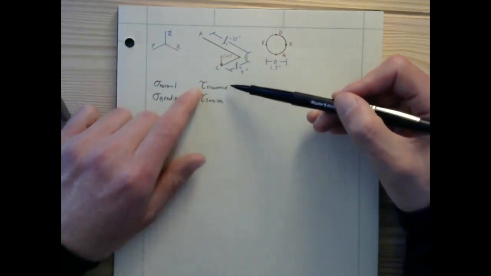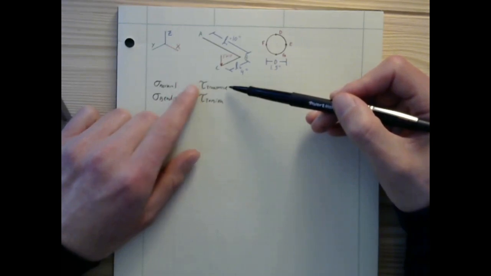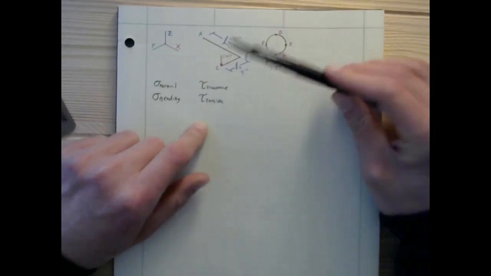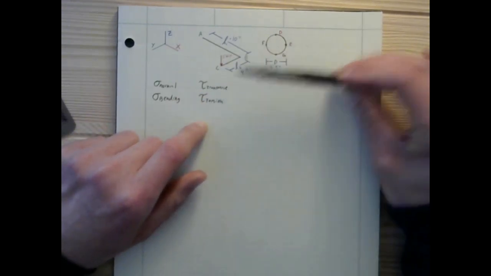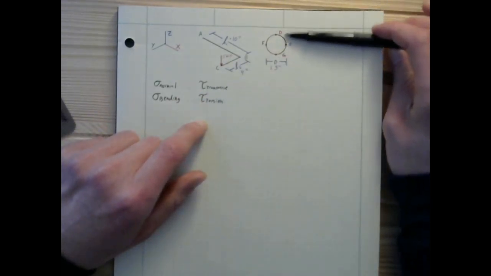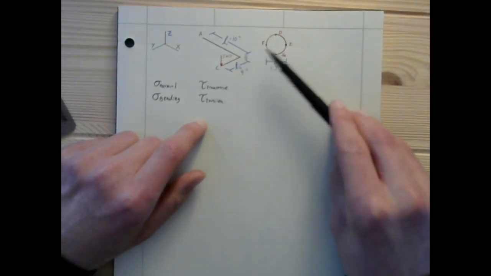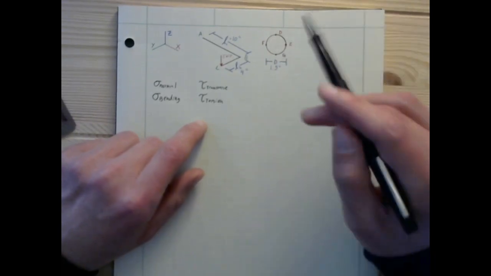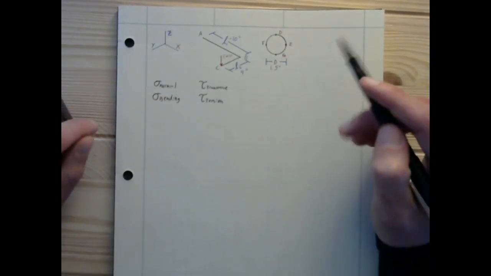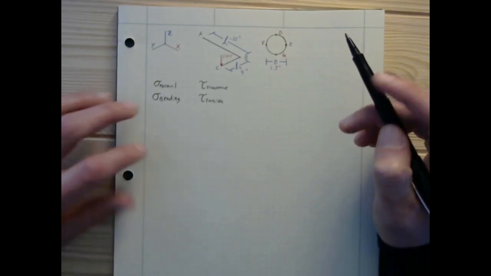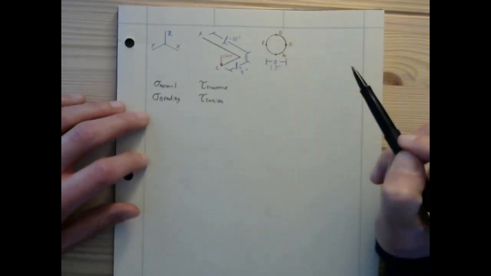The transverse stress is going to be a function of our shear flow, or our shear flux. It'll be a function of Q, the first moment above it, so that's going to be changing as we move from D to E and F back to G. Torsion is going to be a function of how far we are from the center of the circle itself. So all 4 of these have a different distribution of stress, and so they're going to be different at all 4 of those points.